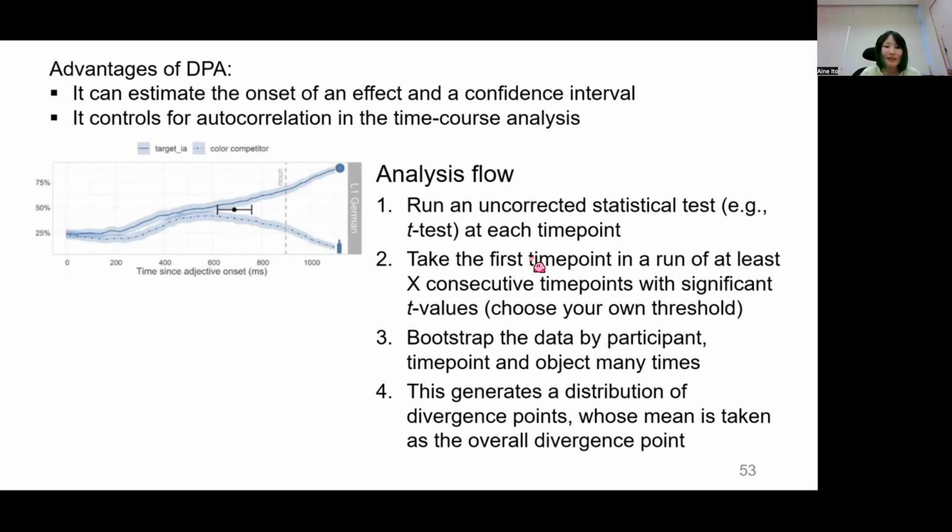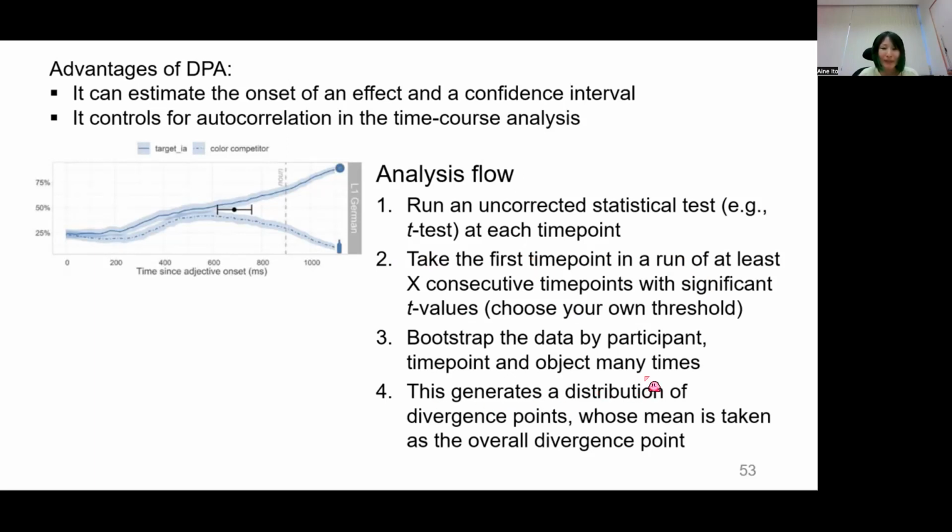For the second step, you bootstrap the data by participant, time point, and object many times. This is similar to what we do for CPA, but in this case you don't shuffle different conditions. Your aim is not to get a distribution here, so you only shuffle by participant, time point, and object.